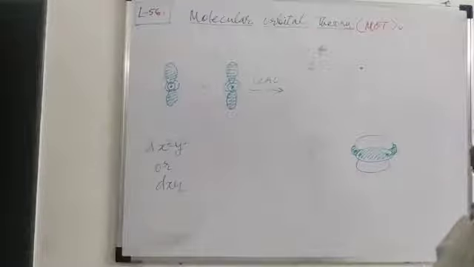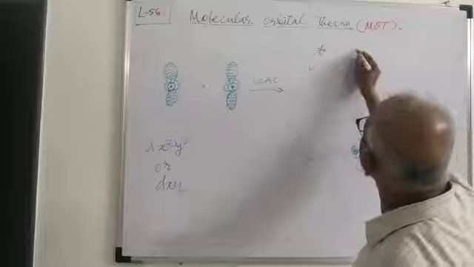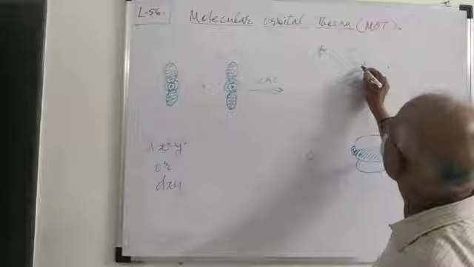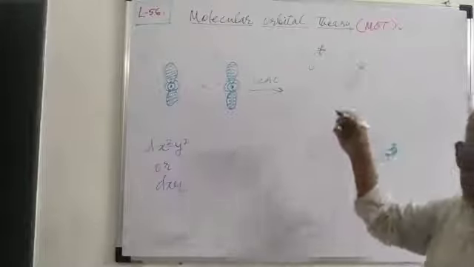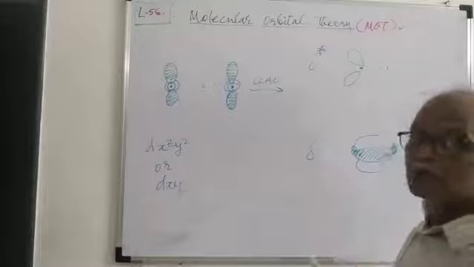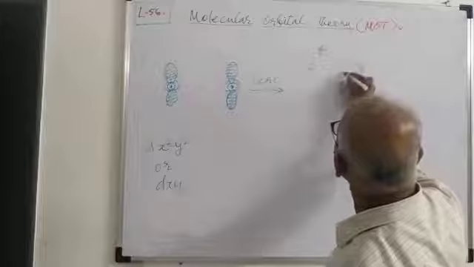So for this purpose, we will consider the two lobes are shown like this, and there are remaining two lobes lying, one is lying in front of this. So we will distinguish with using different colors.